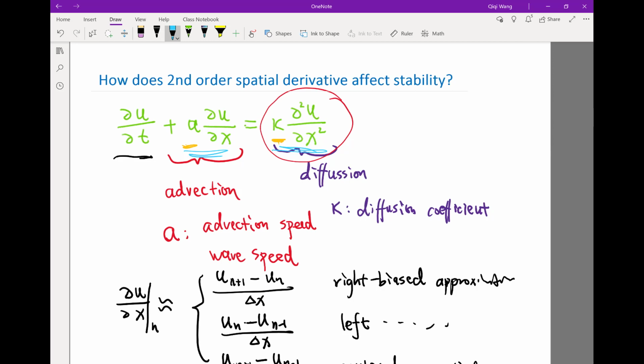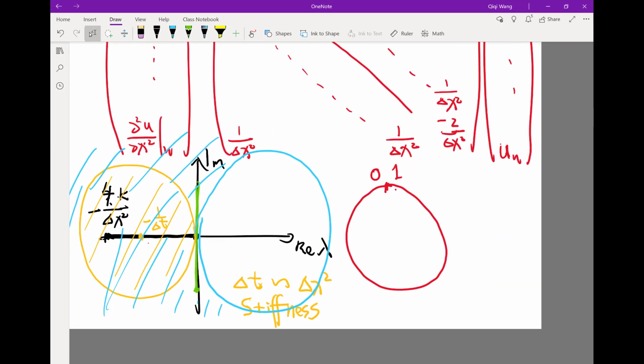The reason is also the eigenvalues. Even if you add a little bit of diffusion, the eigenvalues of a central difference scheme are no longer lying strictly on the imaginary axis. They shift a little bit towards the negative real axis, so you're going to have a stable equation.